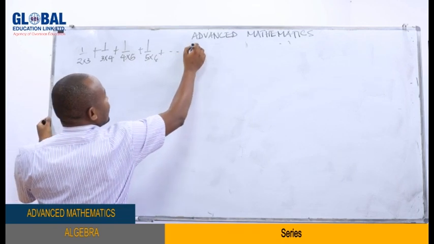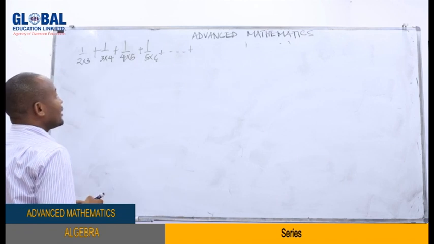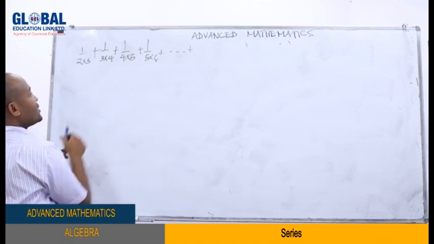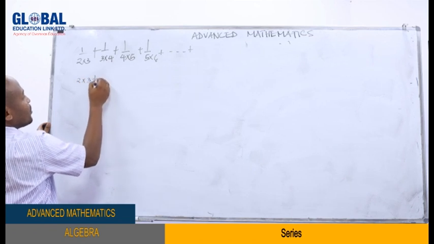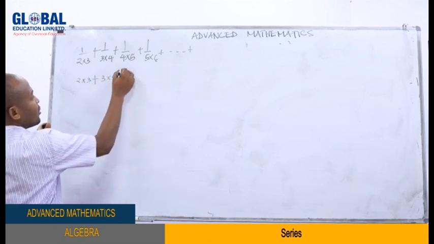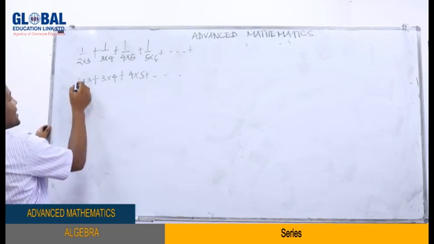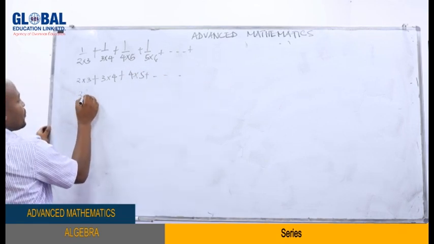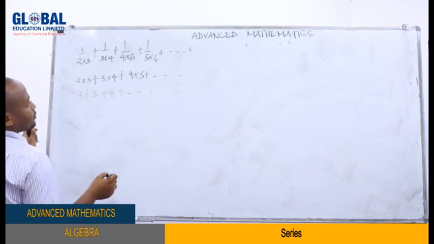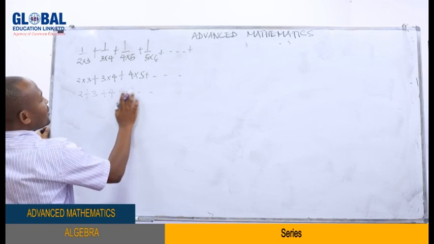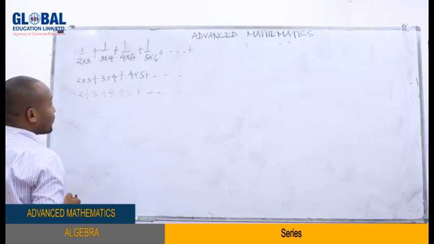That means we have to find the nth term. Now, finding the nth term, as we did in the previous example, we have to find 2 times 3 plus 3 times 4 plus 4 times 5 and so forth. That means let's extract these first ones. We have 2 plus 3 plus 4, then 5, and so on.